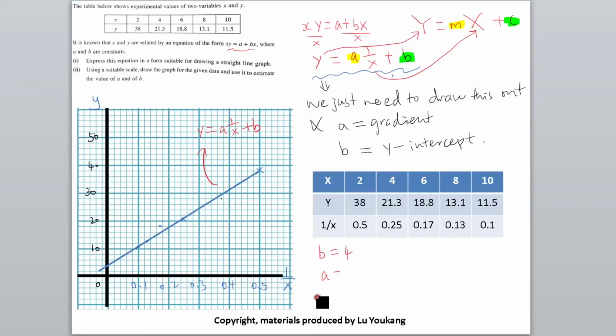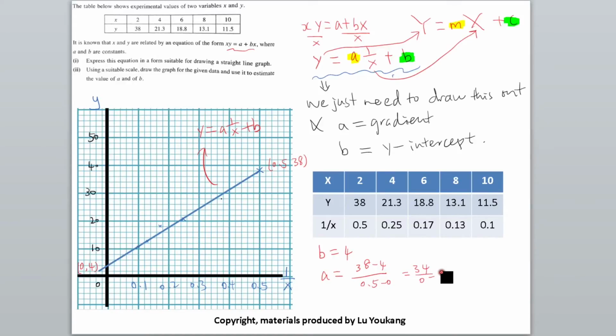Our b is 4, as you can clearly see. The y-intercept is 4. So let's take (0, 4) as one coordinate, and let's take the other coordinate as (0.5, 38). With these two coordinates, we are able to find our gradient, and that will be our value of a.